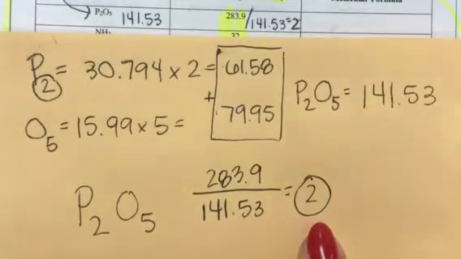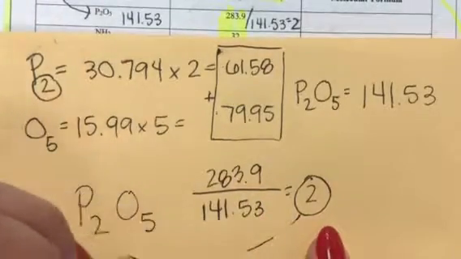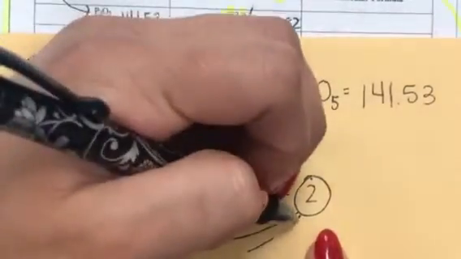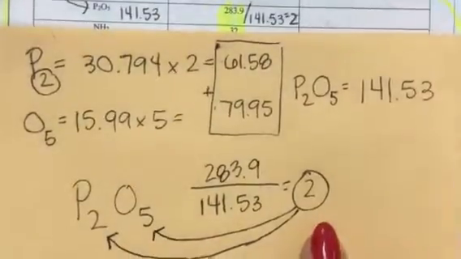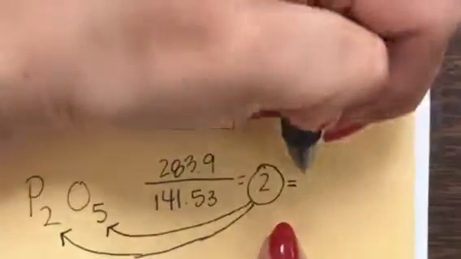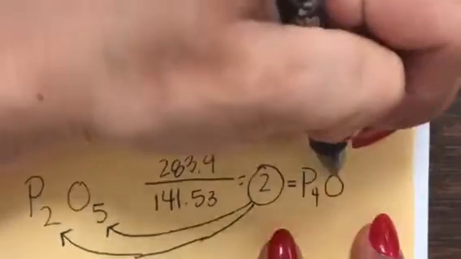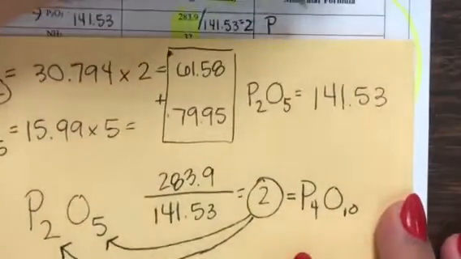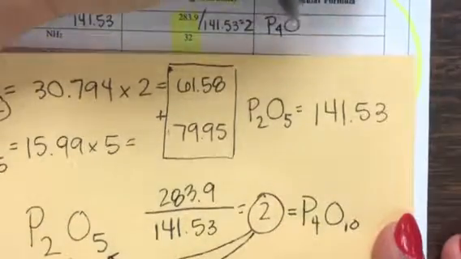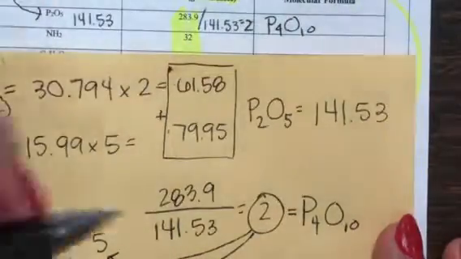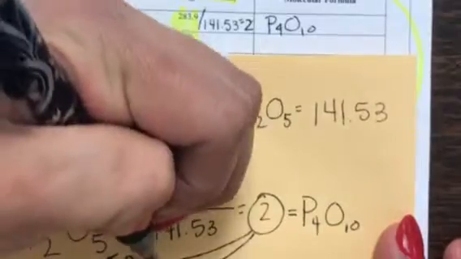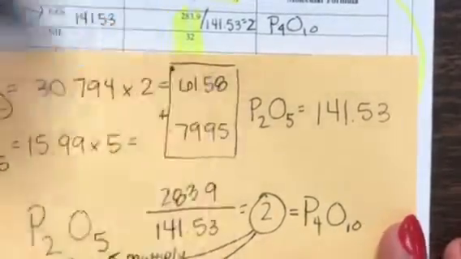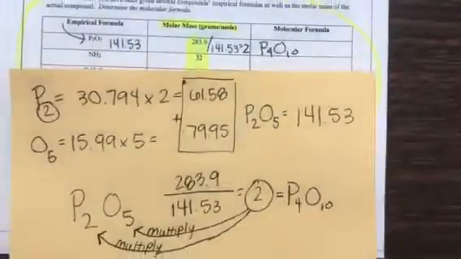You're going to multiply this number by the original subscripts. So in essence, you're making it bigger. When you multiply things, you generally make them bigger. So your final answer is going to be P4O10. And that's what I would write up here. I'll give you a second to write that down, or you can pause it.